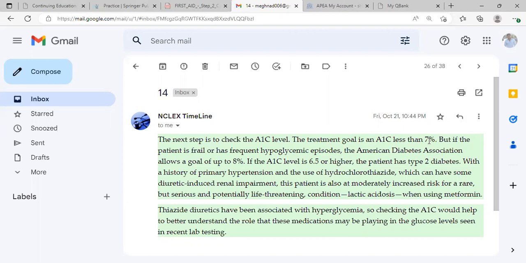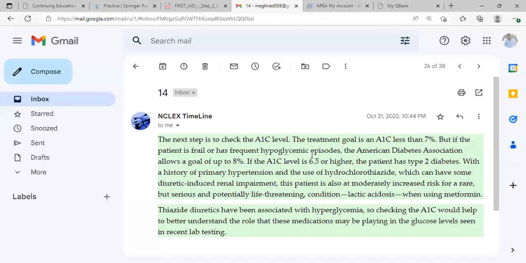If you do not have diabetes before, and if hemoglobin A1C is less than 7%, it means you do not have diabetes. But if the patient has frequent hypoglycemic episodes, right? Like a patient is diabetic and takes medication, maybe something is wrong, lack of knowledge, and frequent attacks of hypoglycemia.